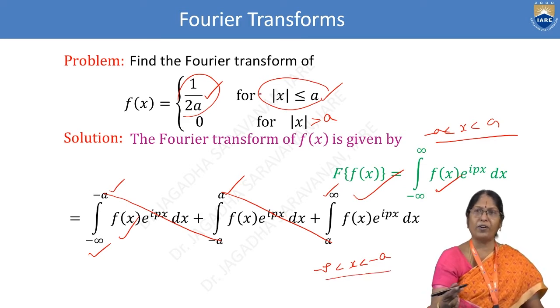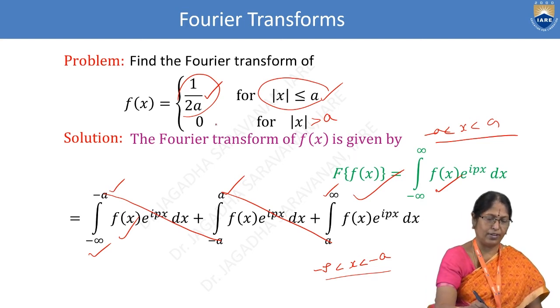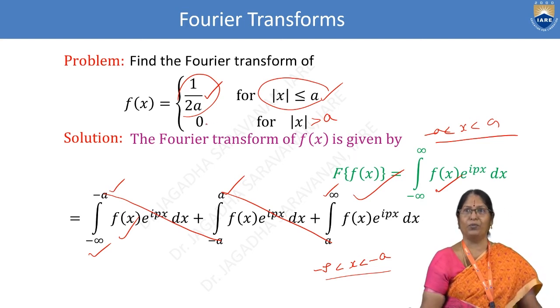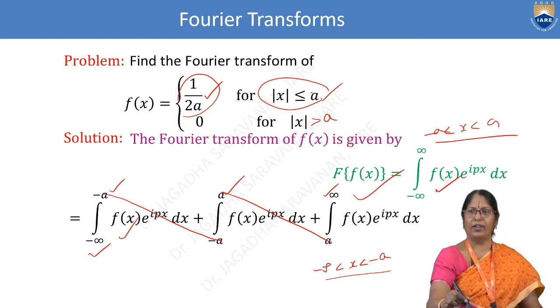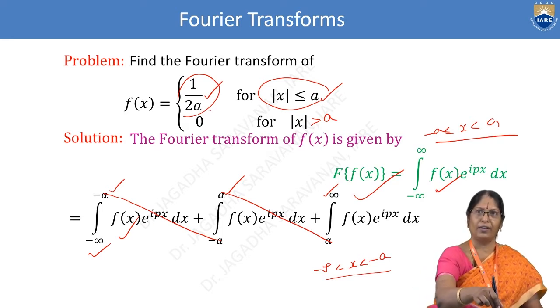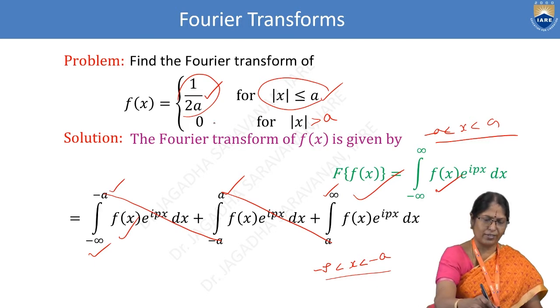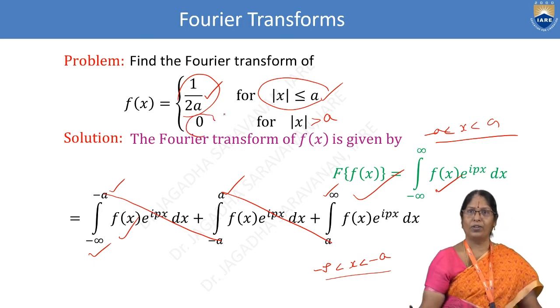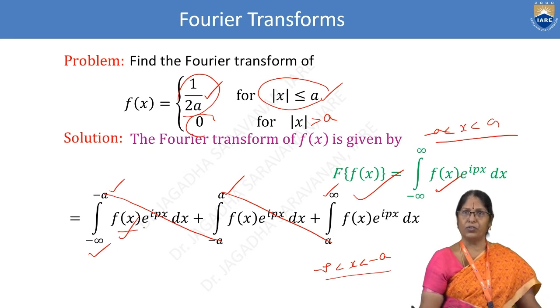F of x should be replaced by 0, because it is strictly told that if x lies between minus a to a, you take this function, otherwise the function is 0. So now this f of x should be replaced by 0.